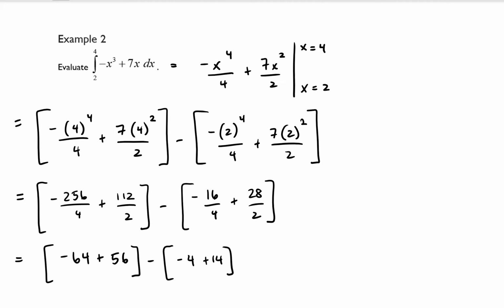And that equals negative 64 plus 56 minus the quantity negative 4 plus 14. And then we have negative 8 minus 10, since negative 4 plus 14 is 10. And then negative 8 minus 10 will be negative 18. So that is our final answer.